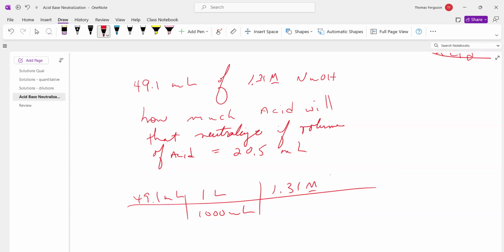So milliliters cancel, liters cancel, leaves us with moles.